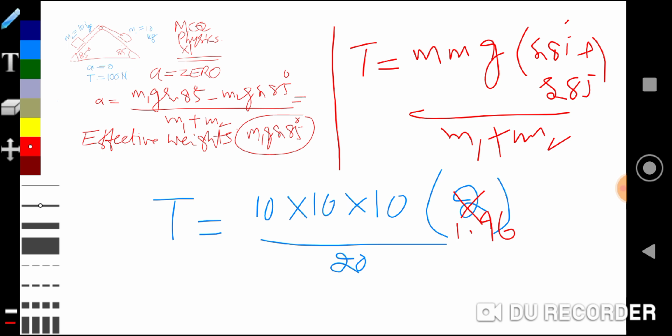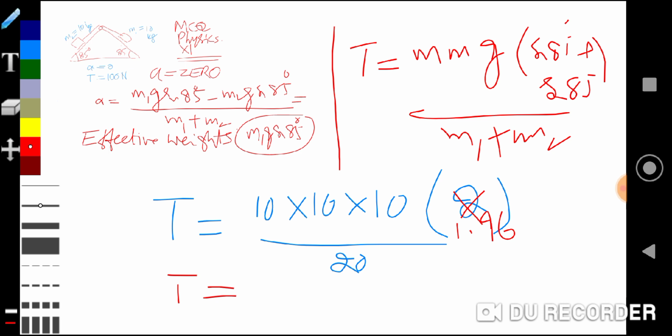But if we approximate this to 2, then the calculation will be easy, because we are here to learn the techniques to calculate the problem effectively within the least interval of time.